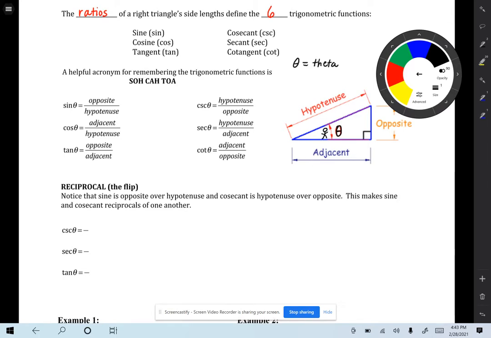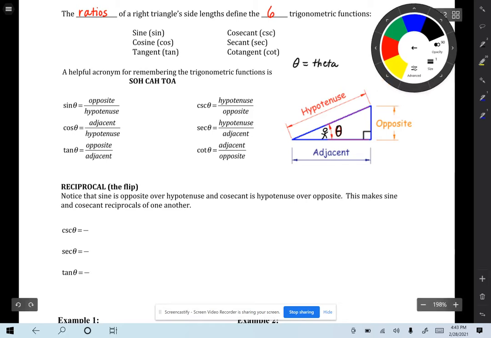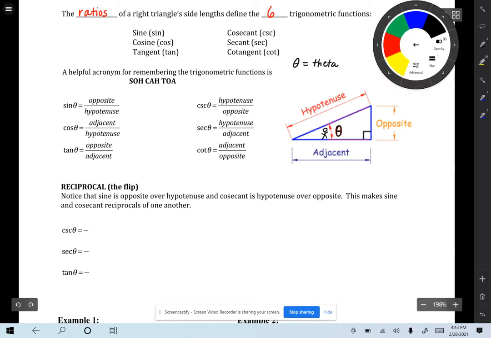So if you're standing there at theta, just pretend like here you are a person looking at your right across from there, you would find the opposite side. Next to you is what is known as the adjacent, and these are called legs. So it's opposite leg, adjacent leg. The hypotenuse, the easiest way to remember is the hypotenuse is always directly across from the 90-degree angle.